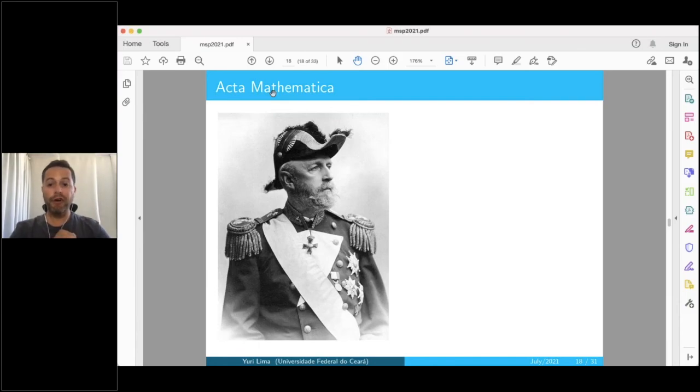But furthermore, Mittag-Leffler had a good idea to try to advertise this new journal. This new journal was not known by the community, so he needed a way to advertise it. And he came to Oscar II and said, look, your highness, I don't know how he was addressed by that time, you are going to be 60 years old in a few years.